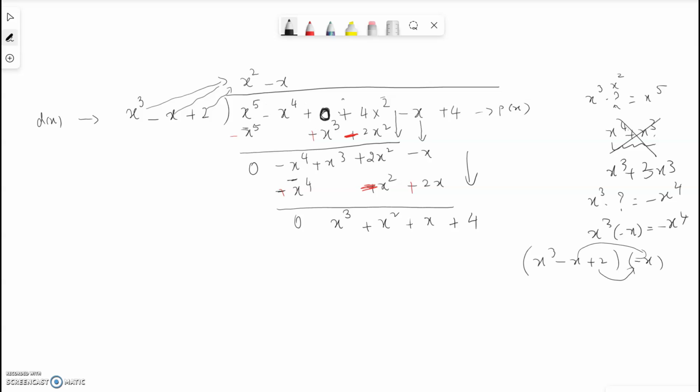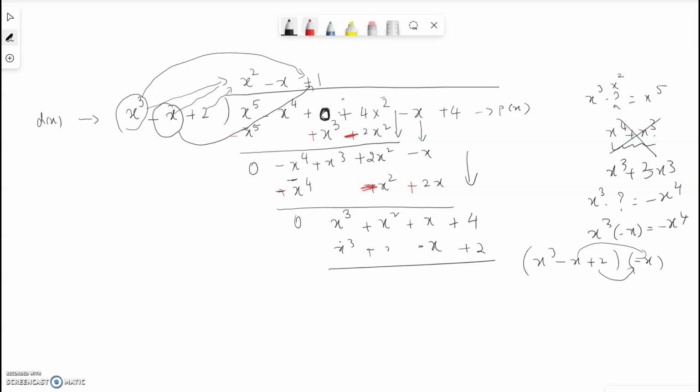Next, we need to get rid of the x cubed, so we add 1, because x cubed times 1 is x cubed. Negative x times 1 is negative x, so the negative x has to be written here. And 2 times 1 is positive 2.